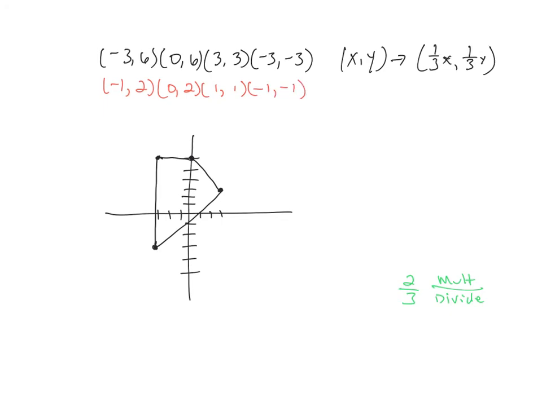So we'd have -1, 2; 0, 2; 1, 1; and -1, -1. And we have a much smaller version of that same figure.